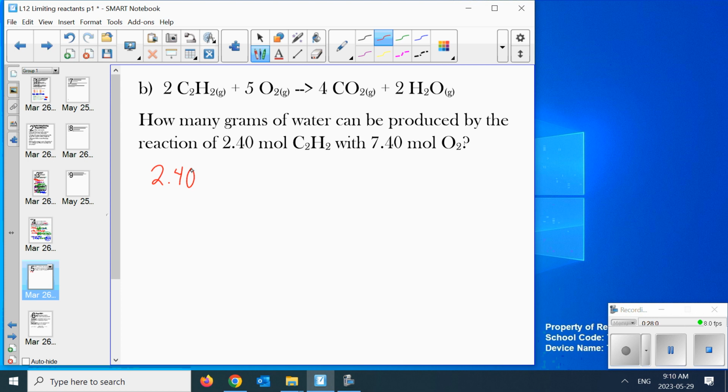Now it's already converted to moles, so that step is done. Everything's in moles. Otherwise, you'd be doing that right off.